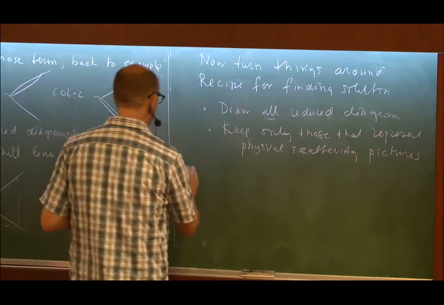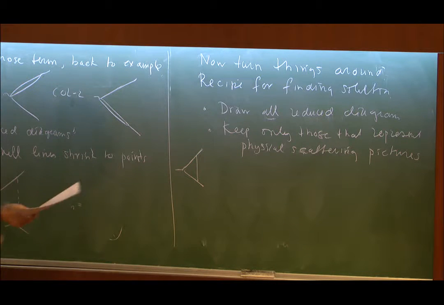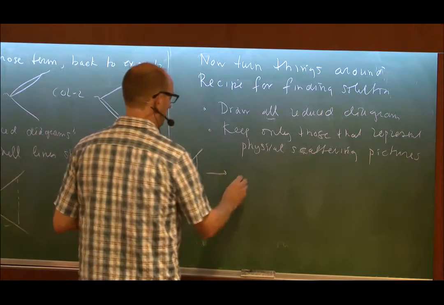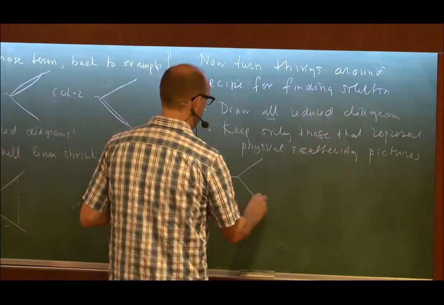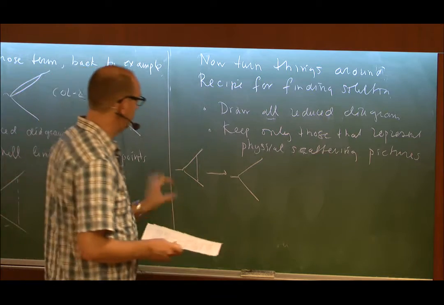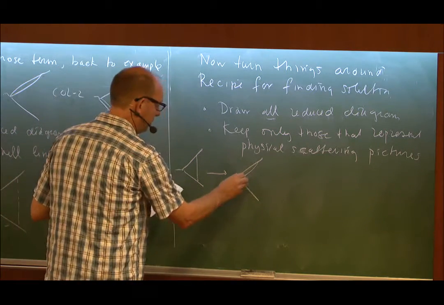So we have originally our diagram like this, and I just draw straight lines. That's our original diagram. Now I draw all possible reduced diagrams. So reduced means that you shrink lines to points corresponding to one of these alphas going to 0. Now, one thing I can do is I can shrink this line to a point. So I get this.